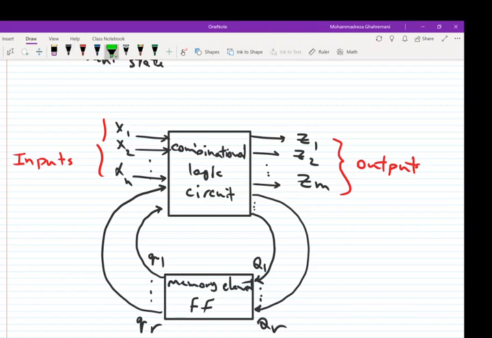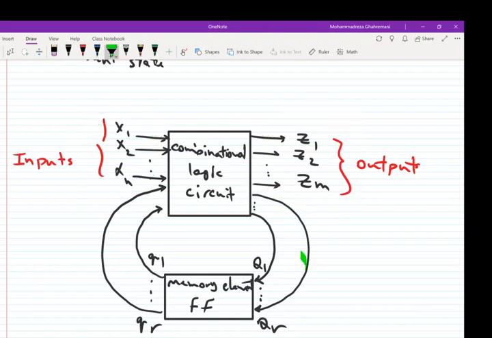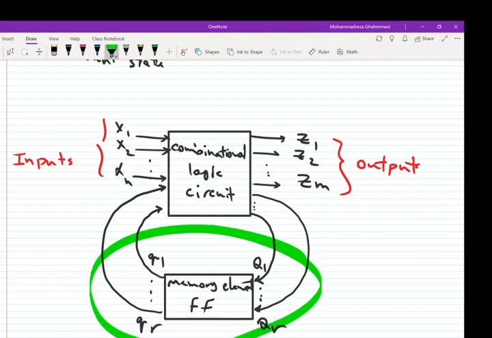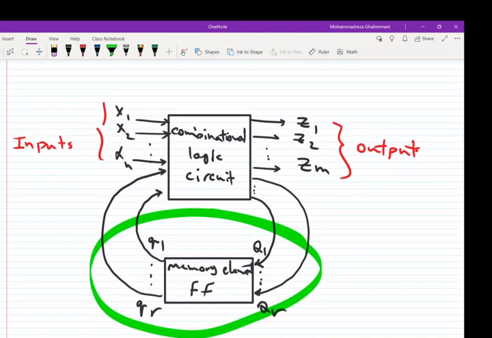So here we don't have to have the same number of inputs and outputs. Unlike a combinational circuit, we know that for any sequential circuit, the number of inputs and outputs should be the same. Each flip-flop gets one bit and returns one bit. So if we have n flip-flops, we can get n bits of information and produce n bit outputs.